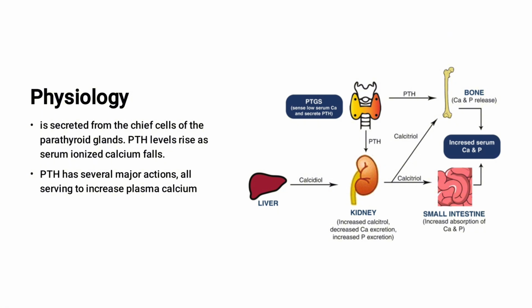It will go to the bones specifically and do the resorption of the bone, which is it will activate the osteoclast to break the bone and then replace it again, and this process will lead to a release of the calcium in the blood.